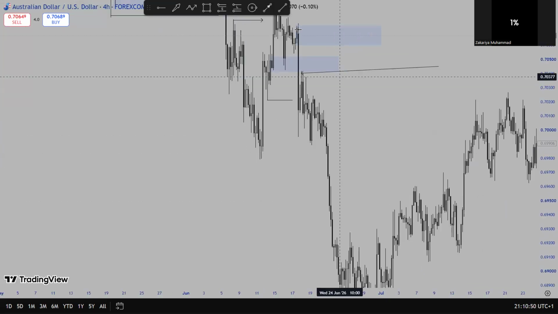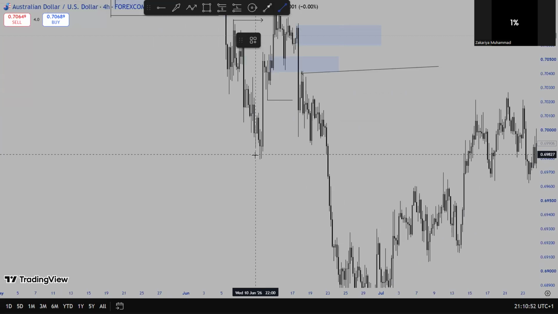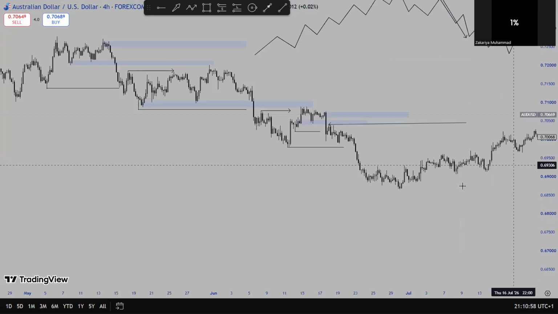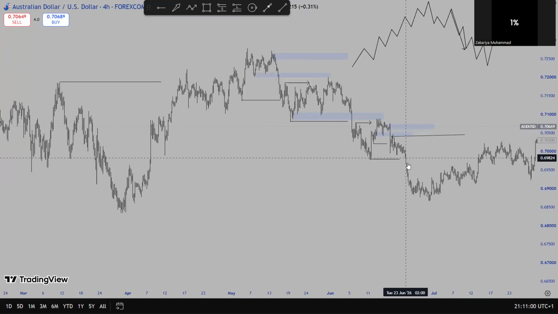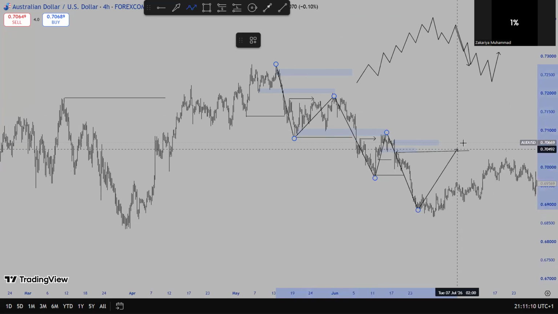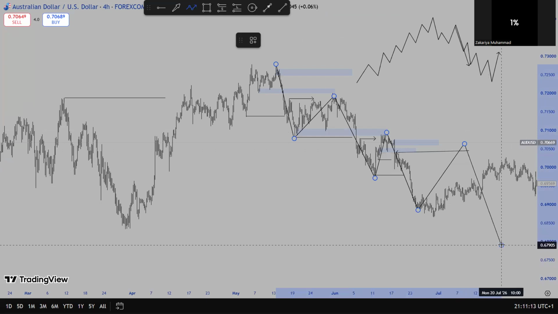Because it's your last recent break of structure, right? So if you're looking for structure shifts, because this one is your last recent break of structure, after this one, if you can read clearly, you have a high, lower low, lower highs, lower low, lower highs. Now you have another lower low. If price will give you lower high, then I will get lower low.